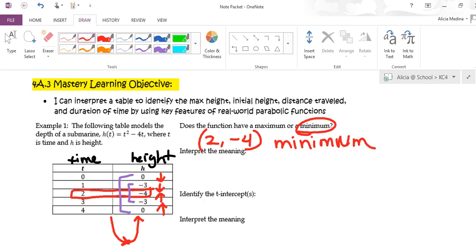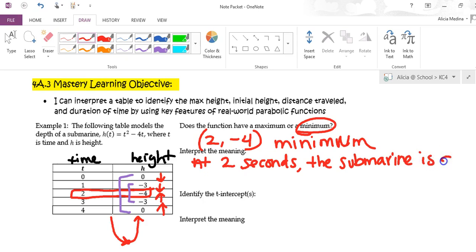Interpret the meaning. Well, if our t represents time and our y represents the height, what we have to say then, at 2 seconds, the submarine is at a minimum depth of negative 4 miles.